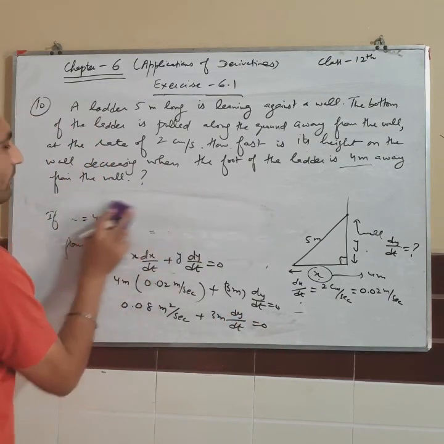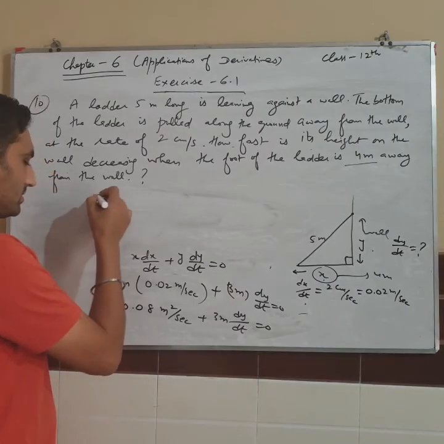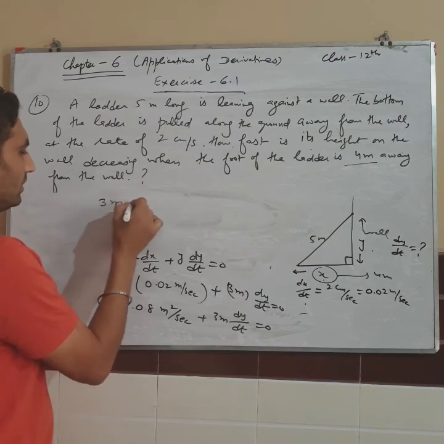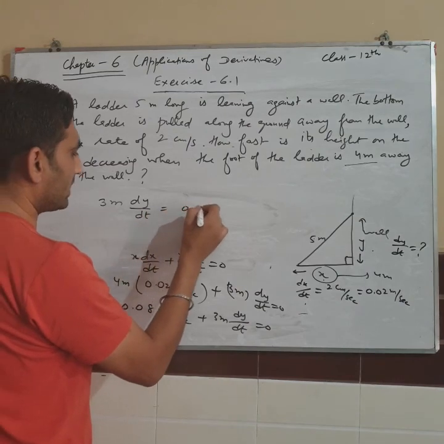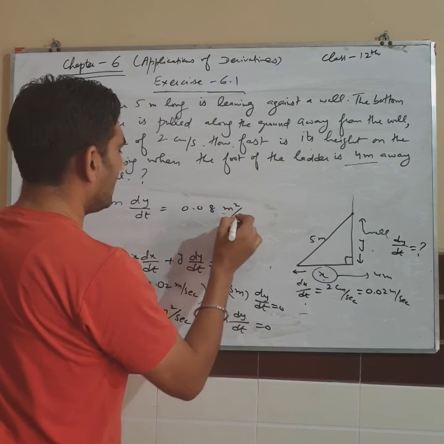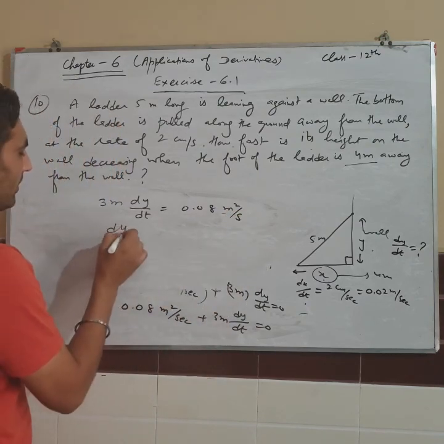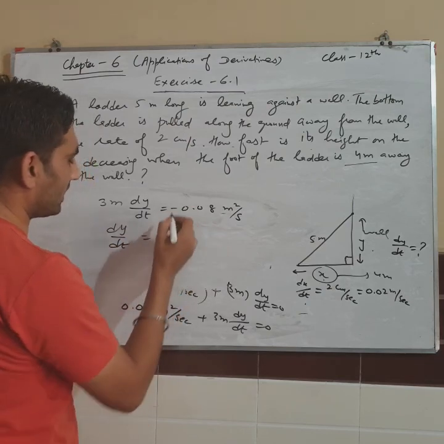Further, if we continue the calculation, we will see 3 meters into dy over dt equal to 0.08 meter square per second. When you shift 3 meters there, you will get dy upon dt, sorry, here you have to write a minus sign when you shift.